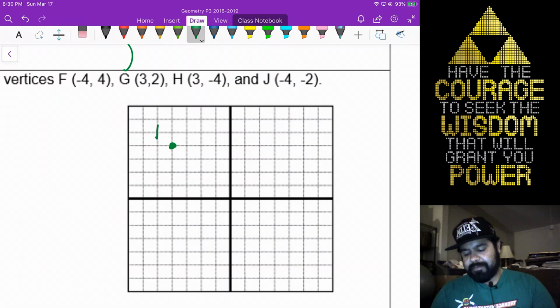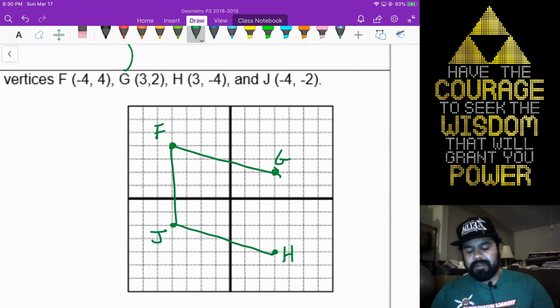So here's F. And so now we have that shape. It appears that we have a parallelogram.